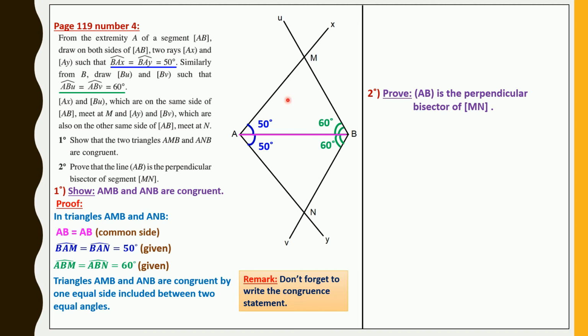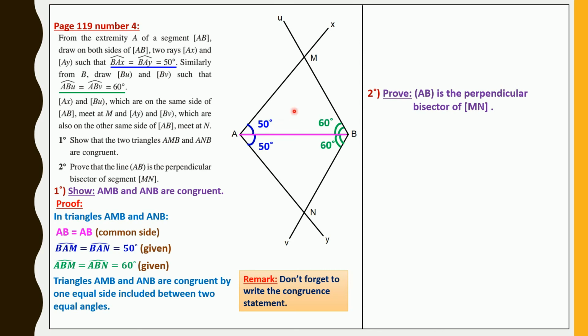How do I know? Since these two angles of measure 60 degrees are equal, the sides opposite to 60 degrees are equal. So if you are not able to find equal sides, you can see which angles are equal. The sides opposite to these two angles must be equal.